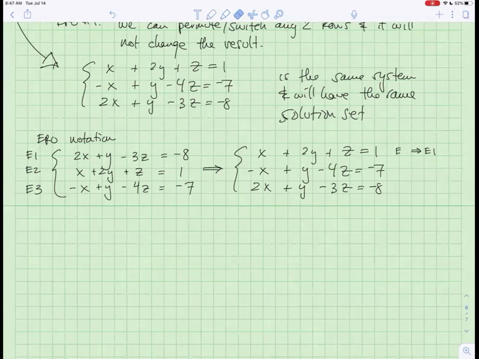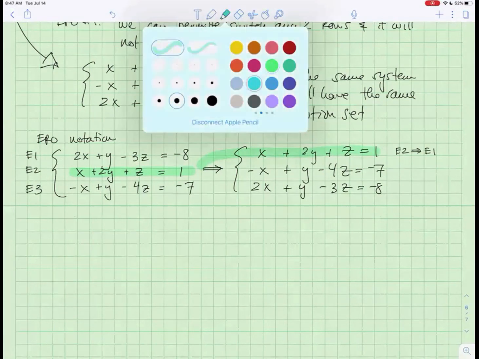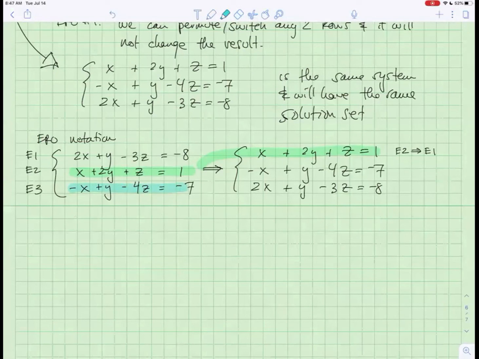I've taken equation 2 and made it my new equation 1.